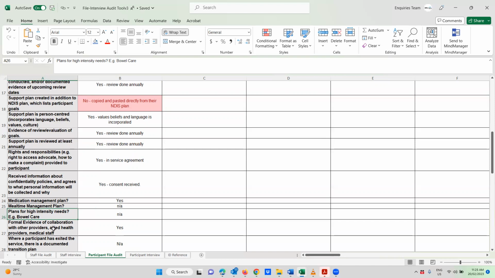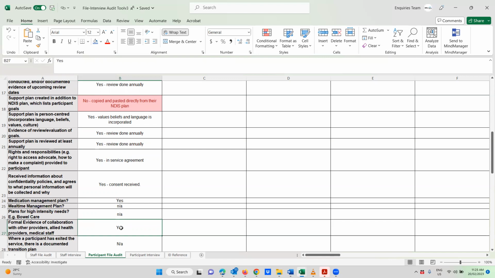We need to see that there's formal evidence of collaboration between you and your service and other providers and allied health workers. You must work together. If you've got a multidisciplinary team or a number of providers delivering services, try and have meetings on a regular basis. It would be the way things were done before the NDIS came in and we had this market separation where people are trying to keep their clients separate.